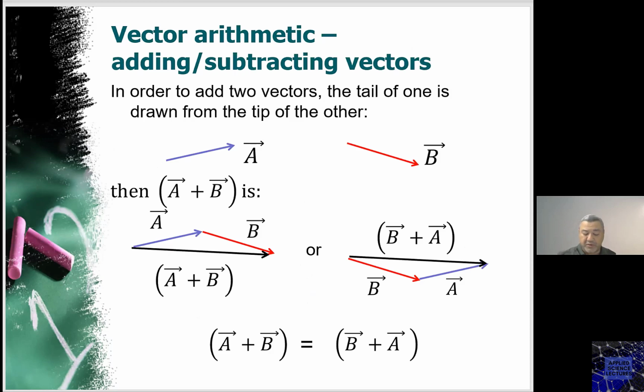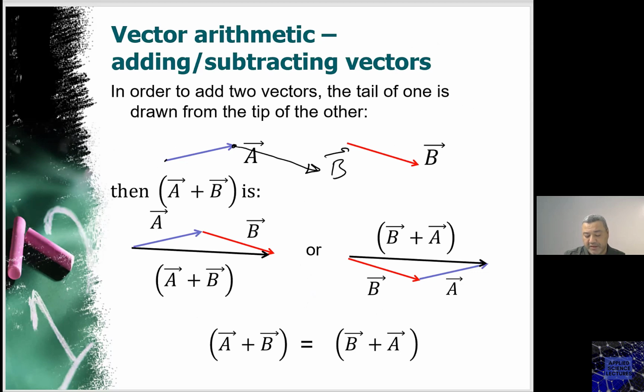So let's look at those two vectors, A and B. If I want to add them, how do I add two vectors? What I usually do is I bring the second vector and draw it from the head of the first one. So I put the tail here, and then I go this way.